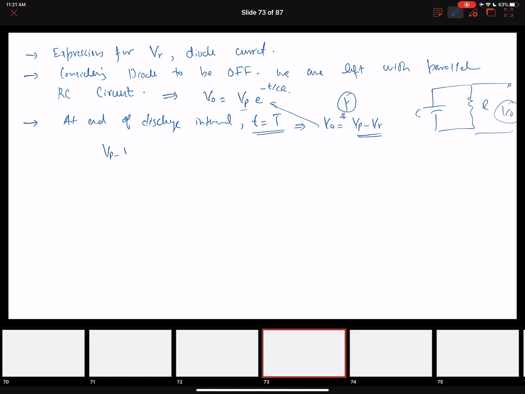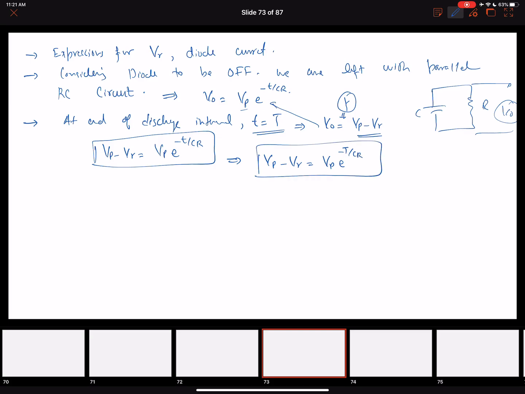So Vp minus VR becomes equal to Vp e raised to the power minus T over CR. This is the output voltage that we have.